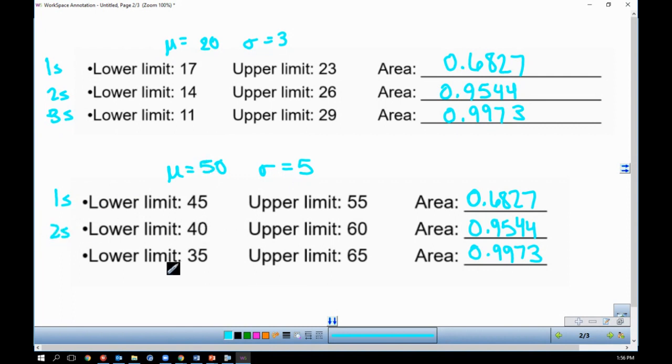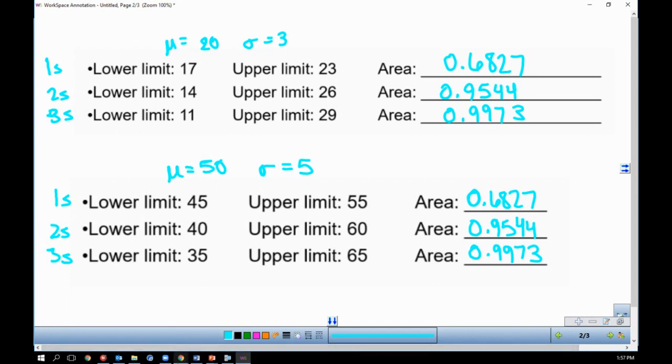And the third group? 3. So you probably notice there's something going on here. Each time you're 3 standard deviations away, you get the same percent under the curve. Each time you're 2, you get the same percent.